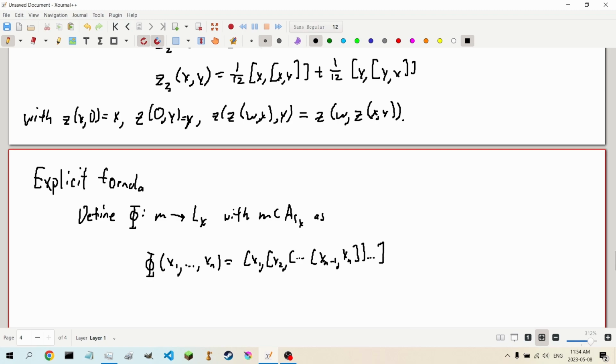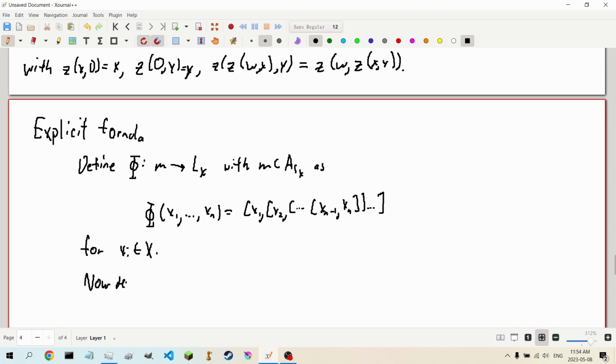So it's essentially the composition of the adjoints of every element before x of n acting on x of n. And for these xi in the generating set X.